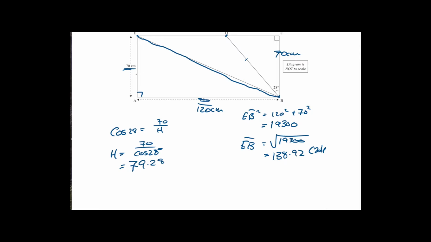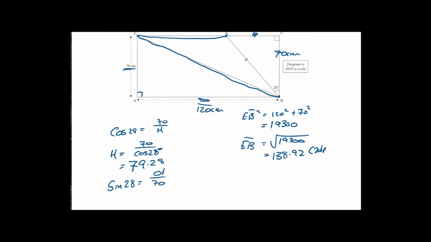All right, now we need to find this side here. Now, this side here we can find if we find this side here, because there's 120 centimeters across, and this side is going to be 120 minus that. So this side here, we're finding the opposite side of the angle, so we're going to use sine. So sine of 28 degrees is going to be equal to opposite over hypotenuse.